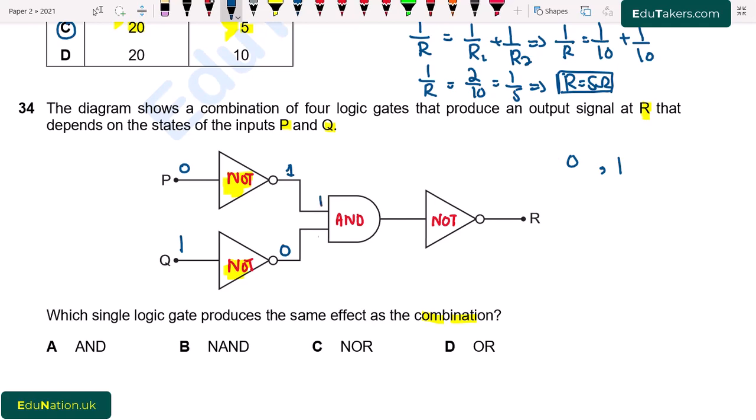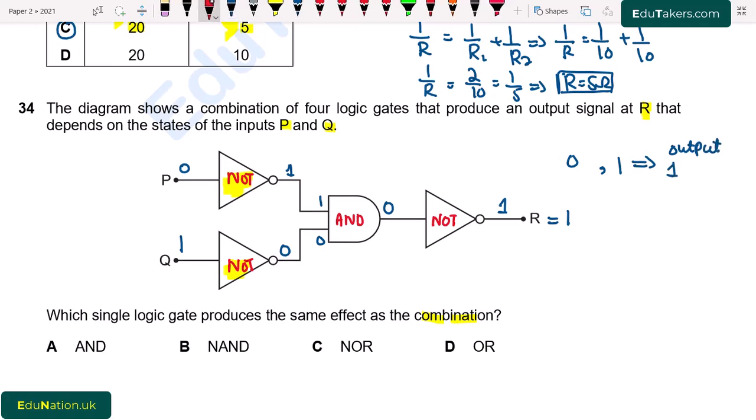It means that 1 and 0 are the inputs of the AND gate. There will be output 0 in the case of the AND gate, because in the AND gate, when both of the inputs are high, the output will be high, otherwise it is low. So this 0 again changes into 1, and R is equal to 1. It means that the output is equal to 1.